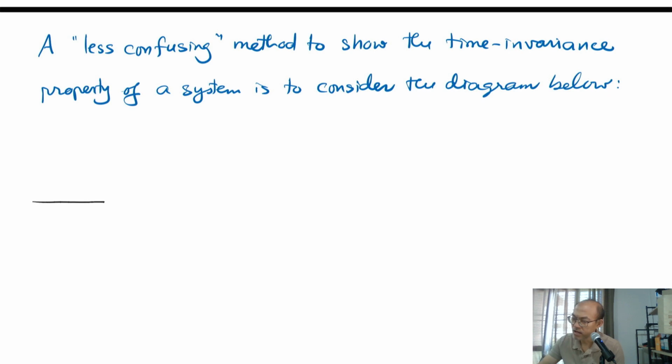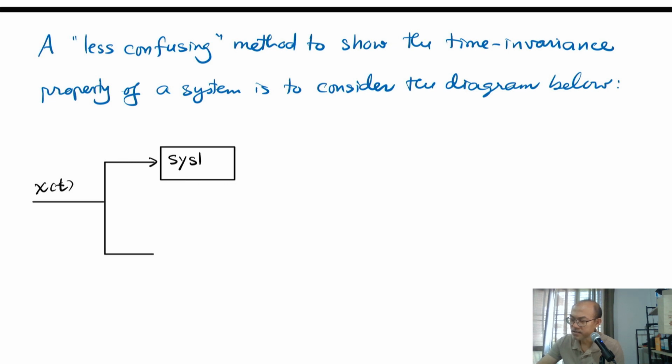We have an input x, and the path splits into two. In the upper path, we put x into the system to investigate. This is the system to investigate, and then the output from the system will be delayed by t0.